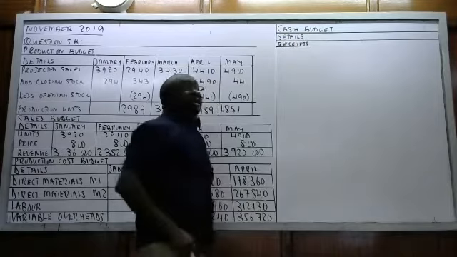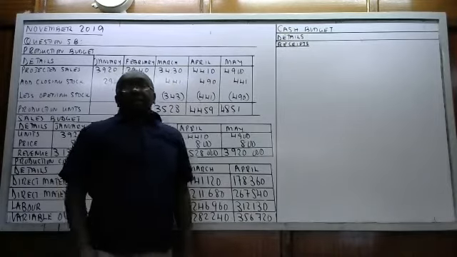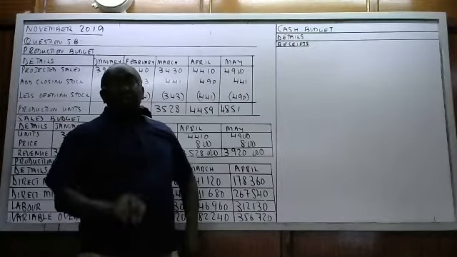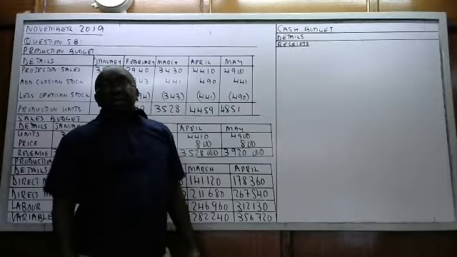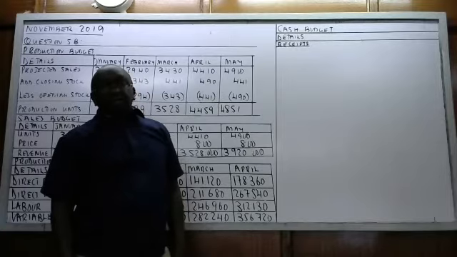A cash budget has three main parts: the inflows called receipts, the outflows called payments, and the balances. So there are three of them.